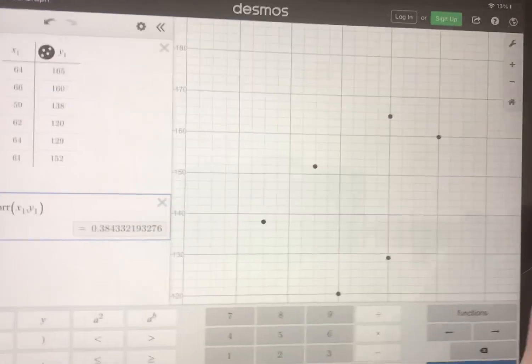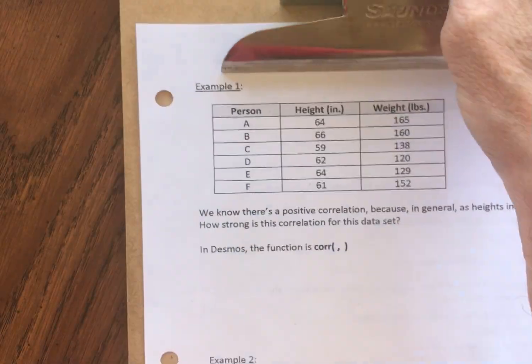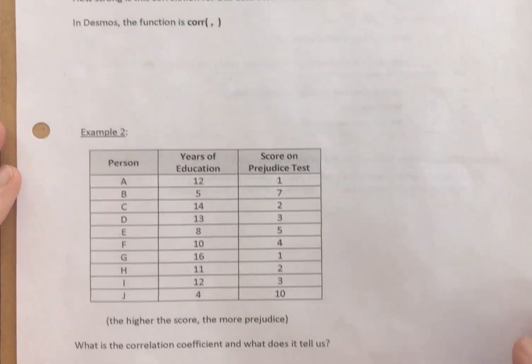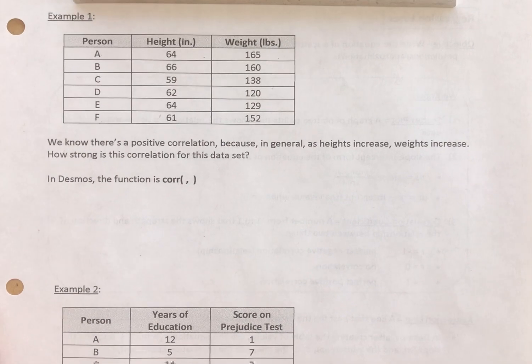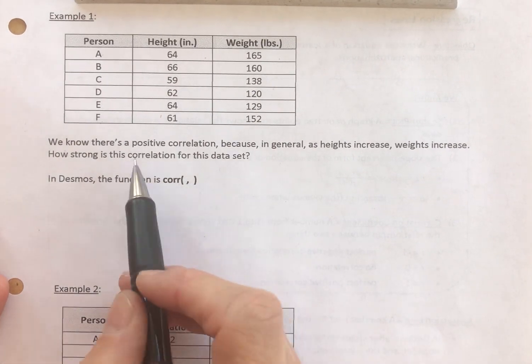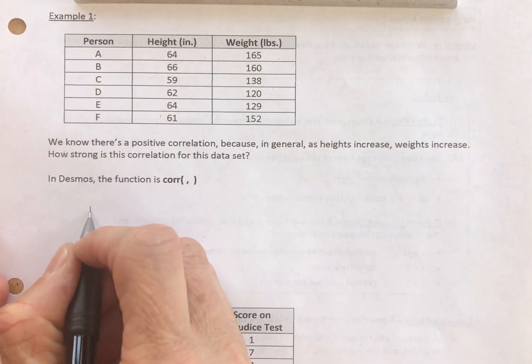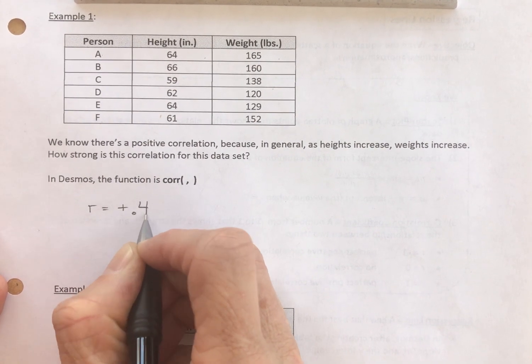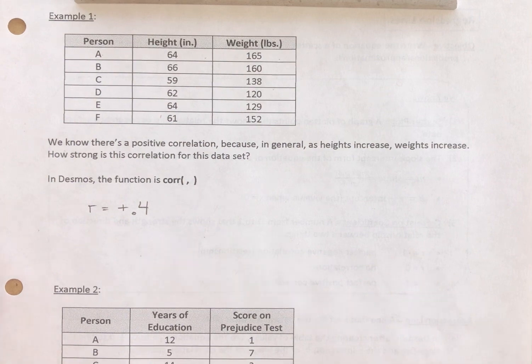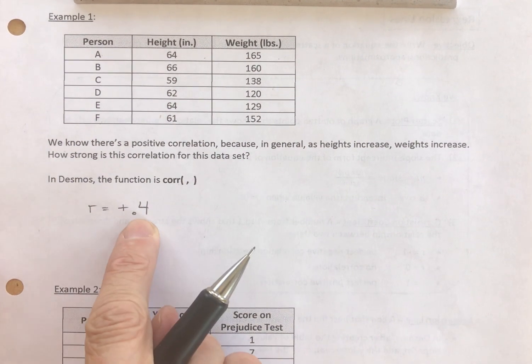Okay, let's go back to what this tells us here. So, in Desmos, how strong? Well, the R is equal to a positive, and I rounded to the tenth, a positive 0.4. Okay, that's not very strong.